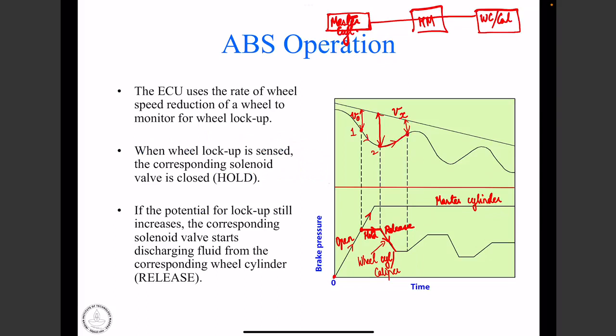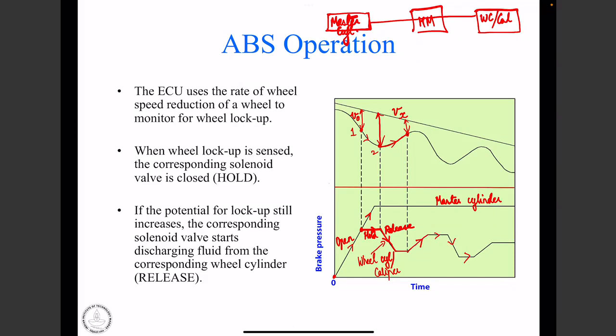Then when the gap between Vx and V0 has decreased beyond a certain limit, we once again go to a hold mode, and when there is sufficient potential for increasing the brake force, we once again increase the pressure. We keep cycling through these modes: open, hold, release, hold, open, release, and so on.